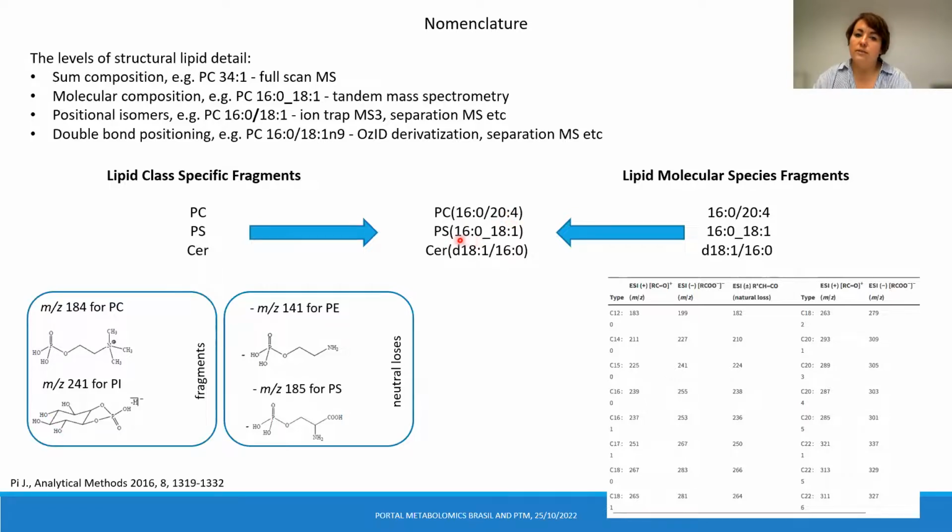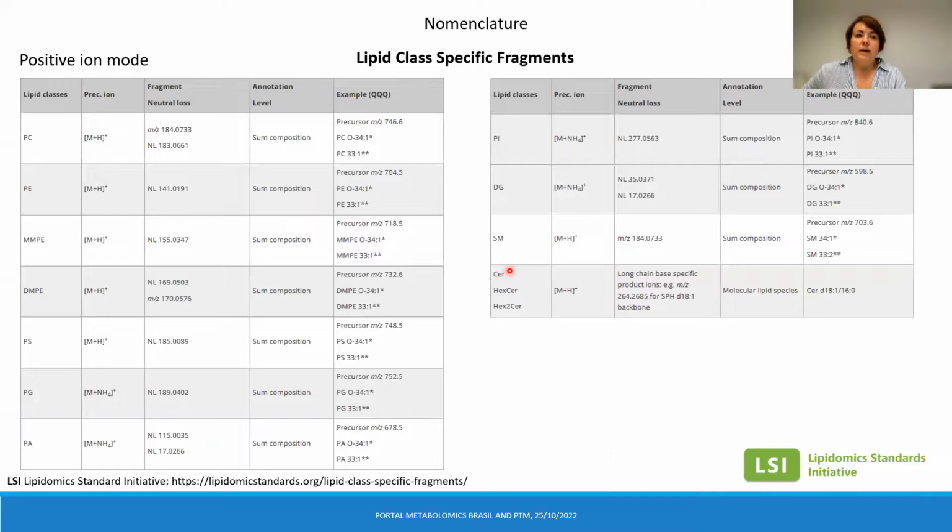While in this case, we only know that the molecule contains two fatty acids, one 16:0, another 18:1, but we don't know how they are connected to the molecule, which is on position SN1, which is on position SN2. This is quite important, and please try to follow those recommendations for lipid nomenclature.